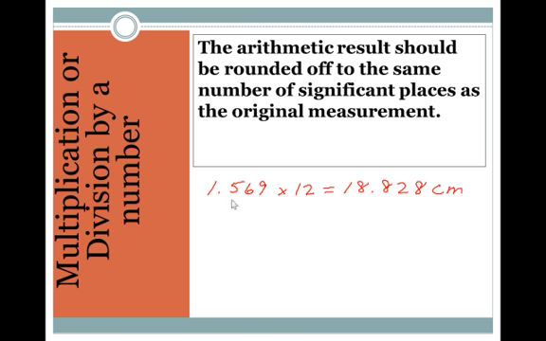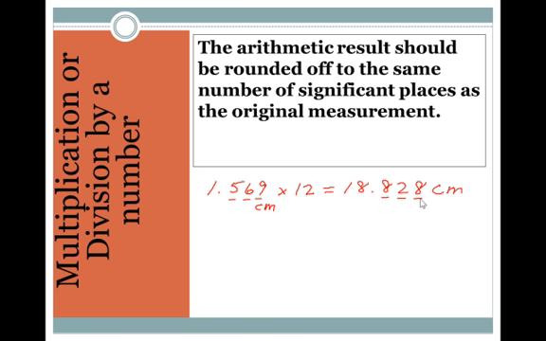So if we take a look, my answer has 3 decimal places. So when I add, I want my answer to have the same number of decimal places as the original measurement had. So my answer should have 3 decimal places, and my math answer is also my science answer.